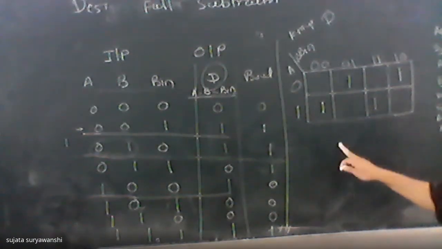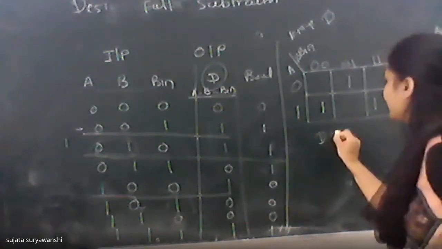This K-map is similar to the sum of the full adder. Here again XOR is present. So you can simply write down A XOR B in.